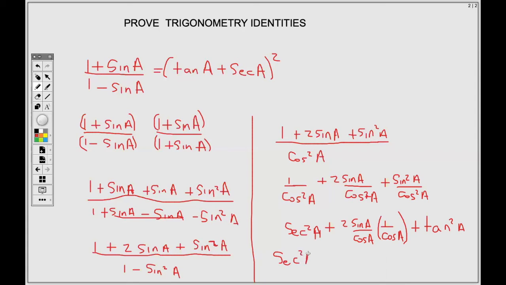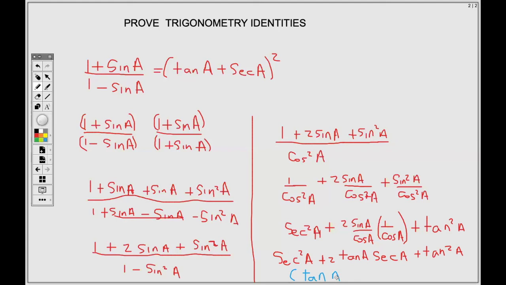Then the center, we can replace it with a trig identity. So we have sine A over cos A is the same thing as tan A. And 1 over cos A is the same thing as sec A. Now rewriting the plus tan square A. Now this represents expansion of tan A plus sec A all squared.